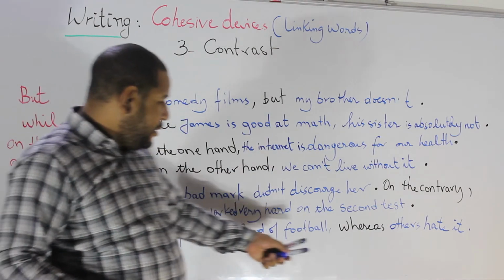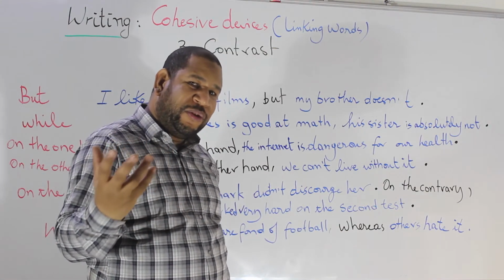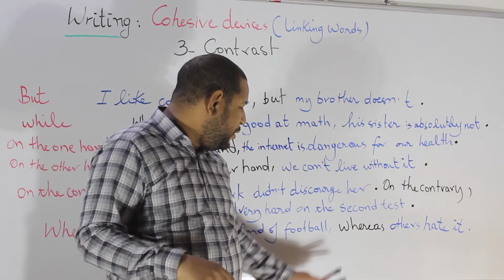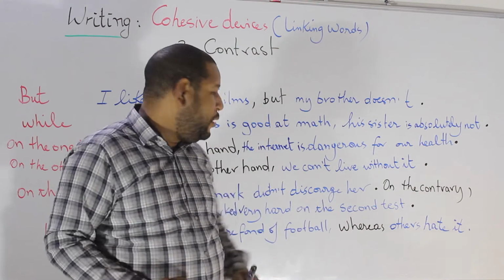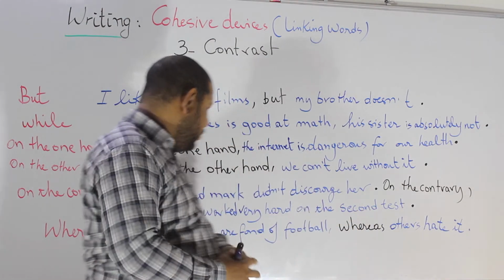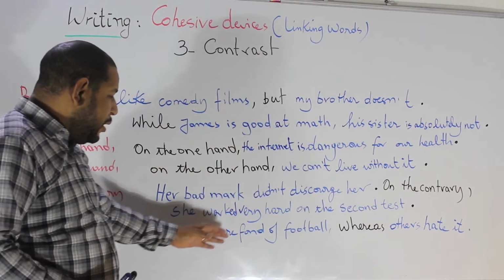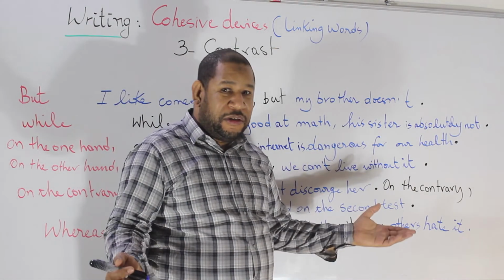Then we have whereas. This one is a bit tricky when it comes to pronunciation or writing. You just write where, and as: whereas. Some people are fond of football, whereas others hate it.